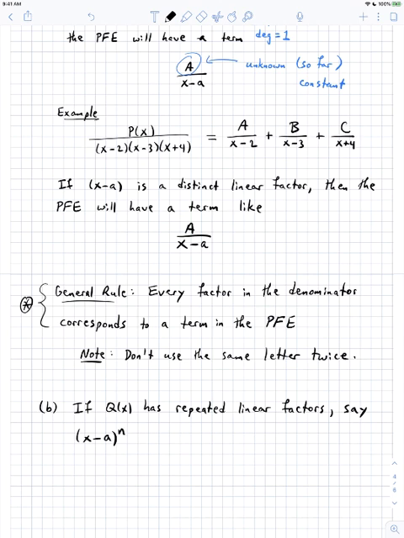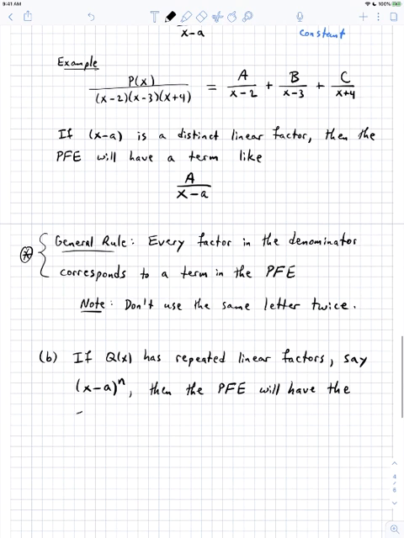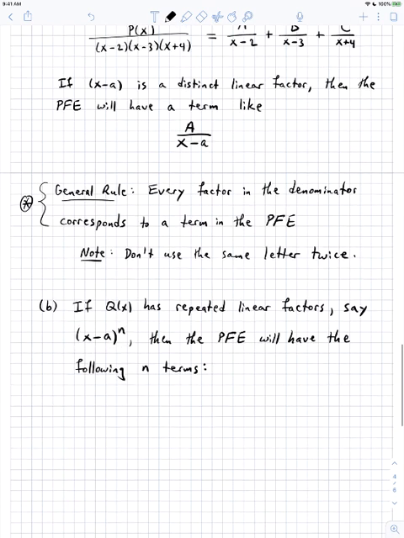So you have n of them. Then the partial fractions expansion will have the following n terms. There are n factors here, so you're going to have n terms.